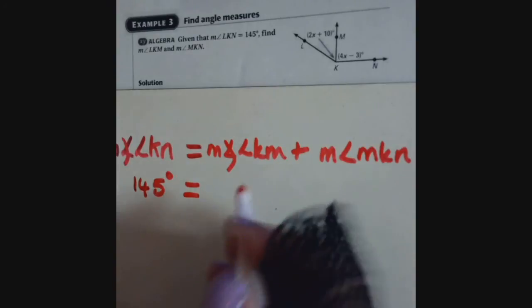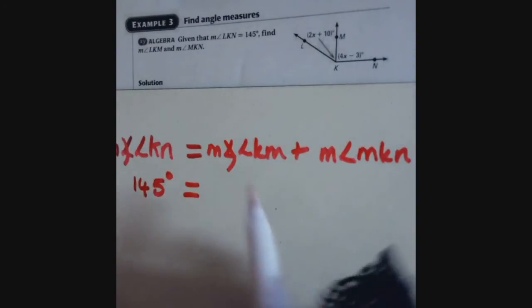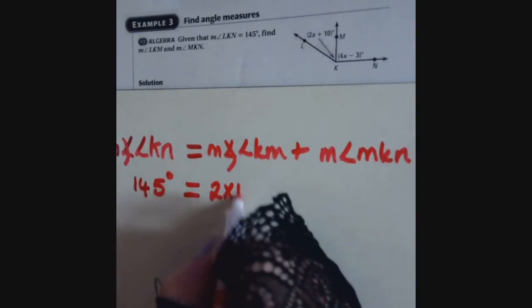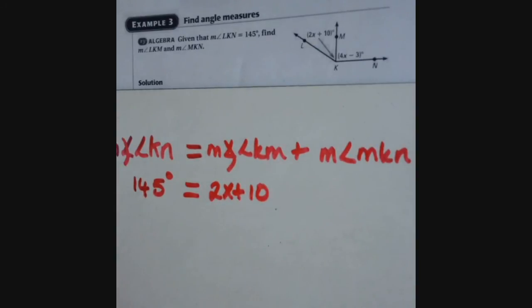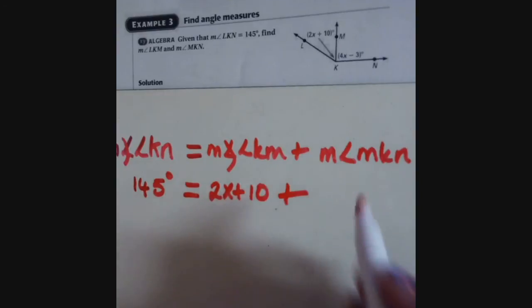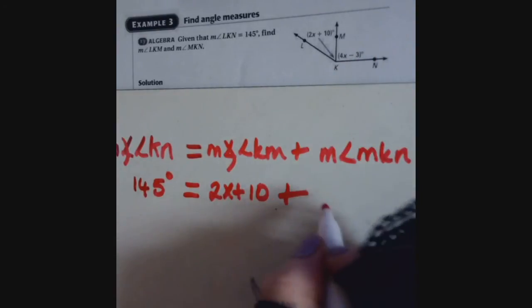So I'm going to replace angle LKM, which is the first one right here, with 2x plus 10. That's what I tried to tell you. A lot of this is just algebra, and a lot of it is setting up equations and solving them. If you can do that, you're going to have no problems. Plus the next angle, so the next angle is 4x minus 3.